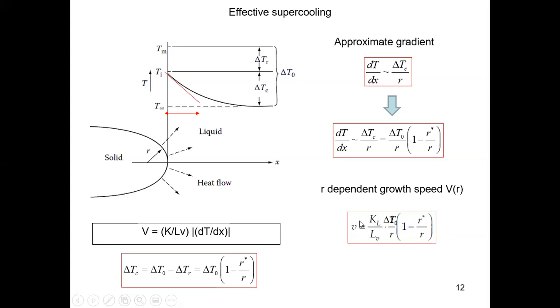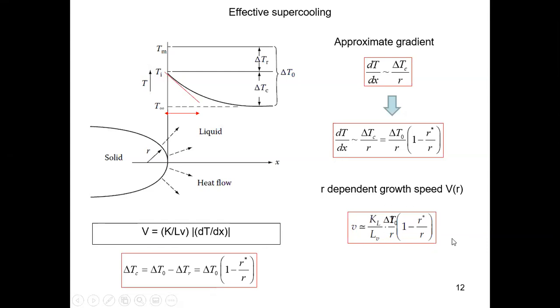Rigorously speaking, there might be some constant related to the geometry of the tip, or a geometrical correction for this R, but it's a very good approximation for the purpose of our class. We're not looking for a rigorous expression. We're just interested in how the growth speed depends on the radius of the tip, and that gives us the correct scaling. The first two terms are inherited from here, and this whole thing here is the approximation for the temperature gradient. So that's the expression we have.